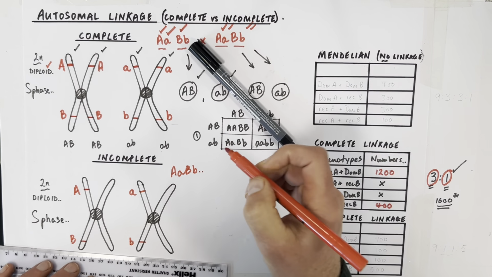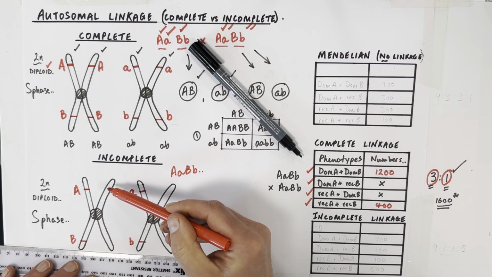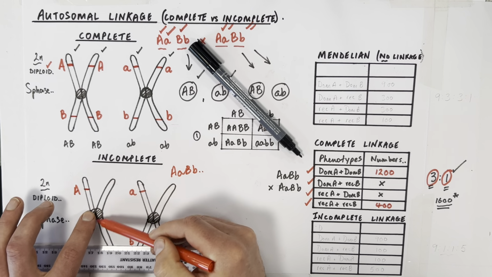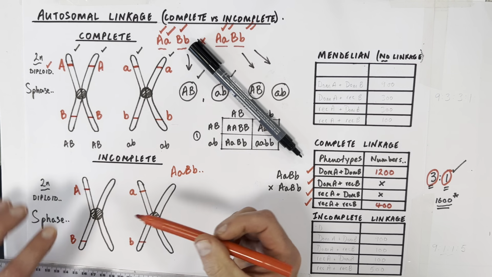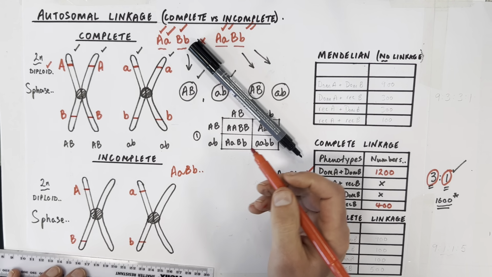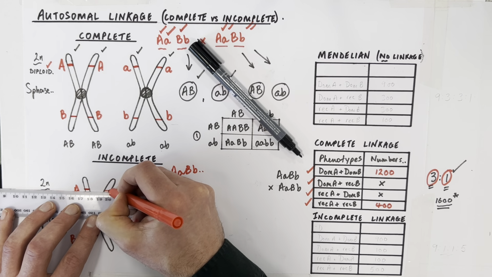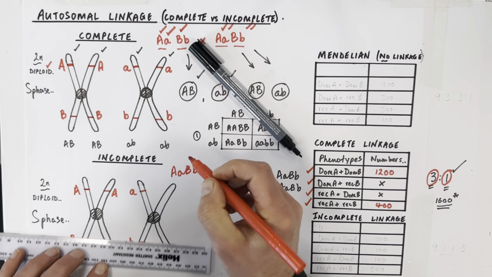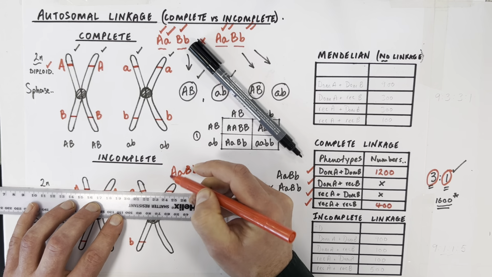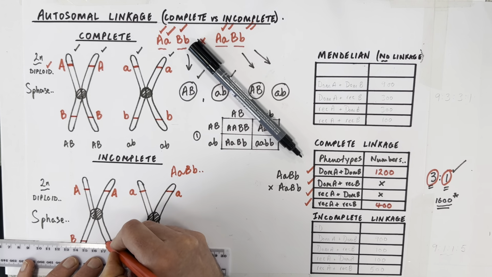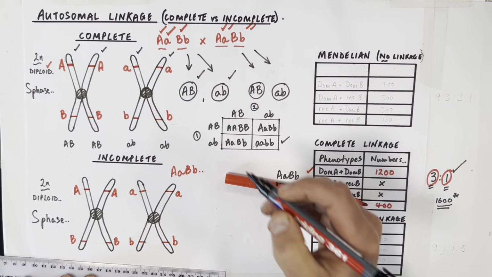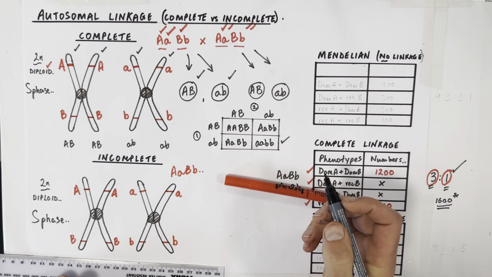Okay, now what I'd like to do is on the sister chromatid, the identical sister chromatid to the one on my left here of this homologous chromosome, I am going to put in the dominant A here, and on the other sister chromatid of the other homologous chromosome, I'm going to put in my recessive B. Now, this one here, again, would be the same as the sister chromatid, but I'm going to have crossing over take place now.